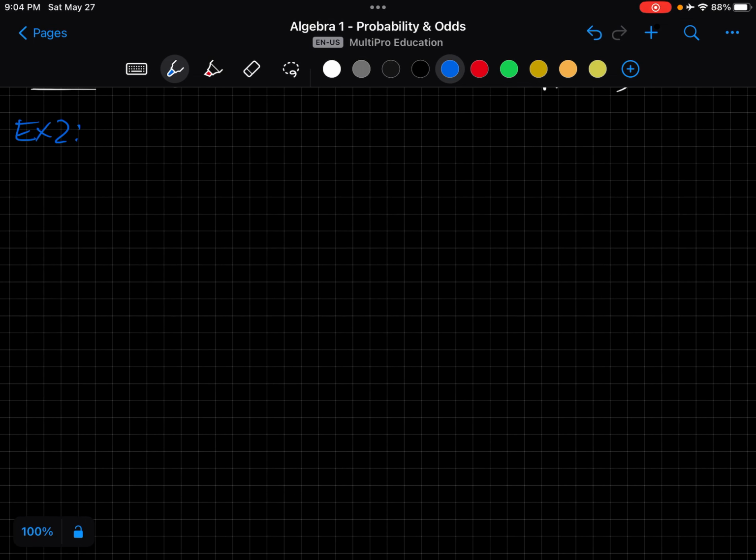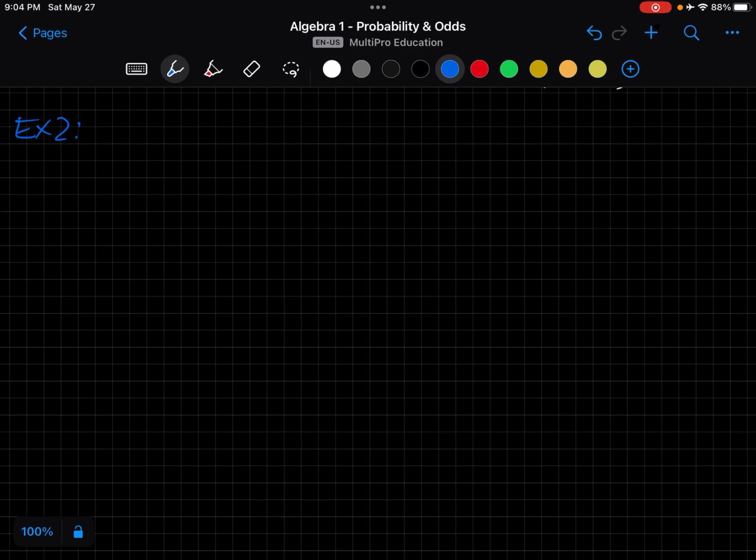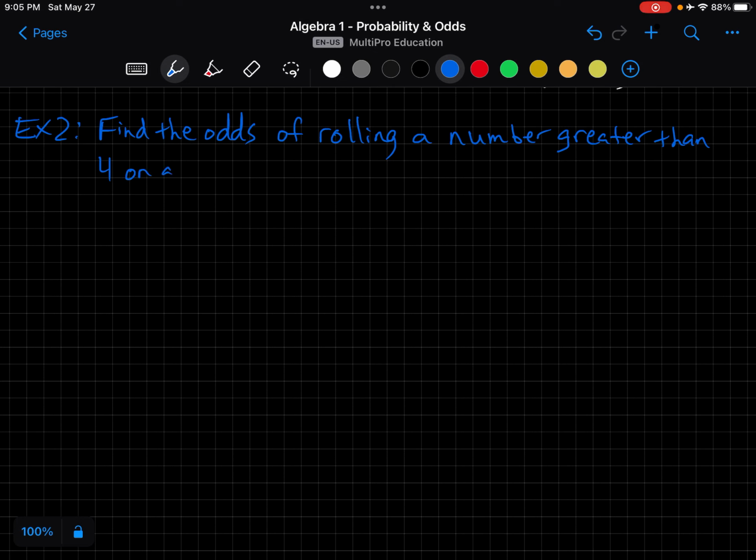We want to find the odds of rolling a number greater than 4 on a die.